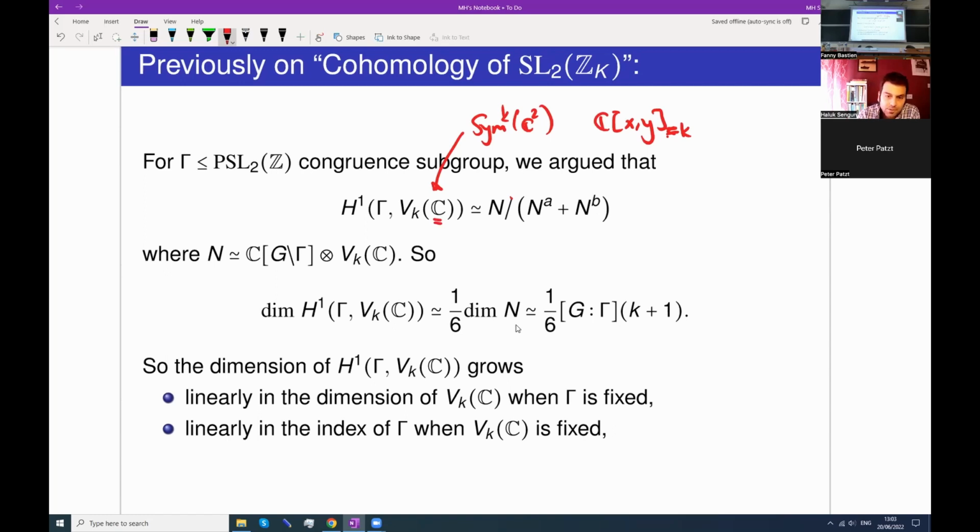You can just do a Shapiro lemma and work with induced coefficients at the level of the full modular group. And then you make the full modular group act on this tree that's embedded into the upper half plane. Remember, there is a fundamental domain which is a single arc with vertex stabilizers C2 and C3.